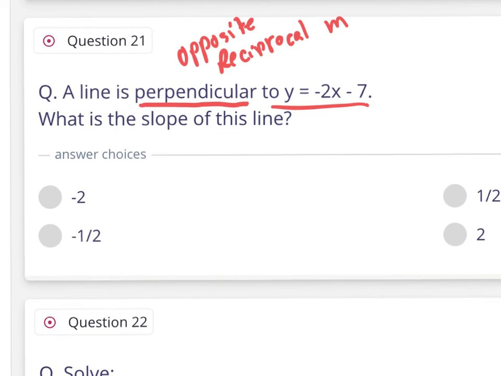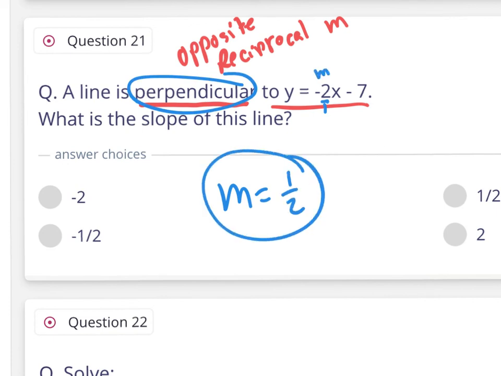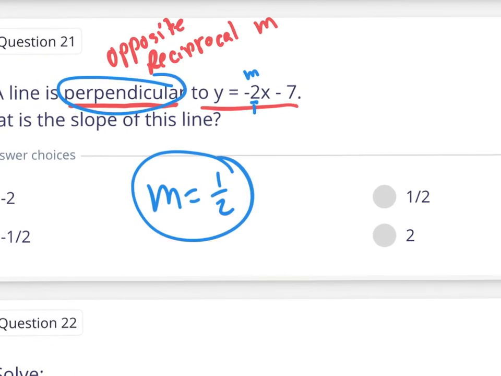I'm going to change the sign to a +2, and I'm going to take that 2 over 1 and flip it. So my perpendicular slope will be +1 over 2. Once again, you change the sign and then you flip the fraction. So it becomes +1/2. And that is the correct answer option right here. I hope that makes sense.